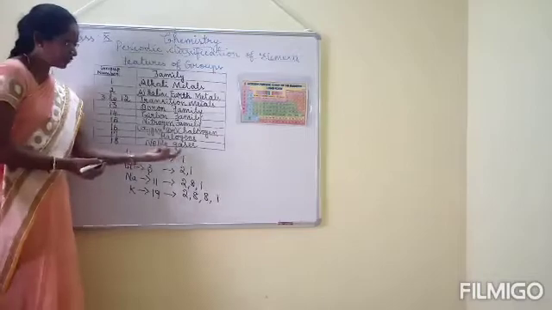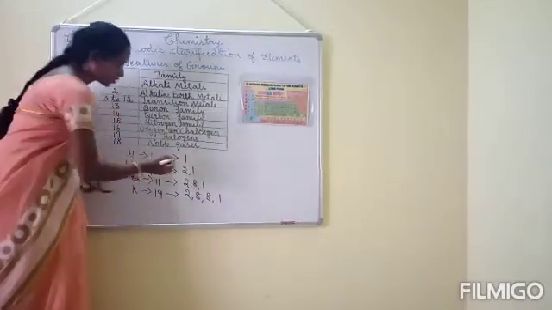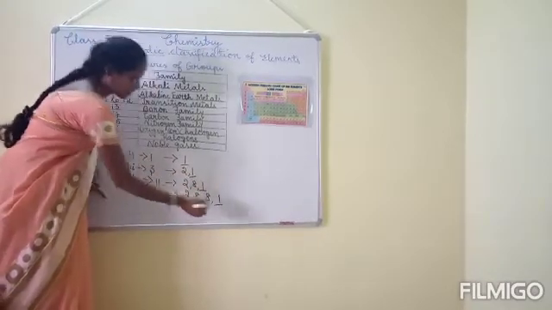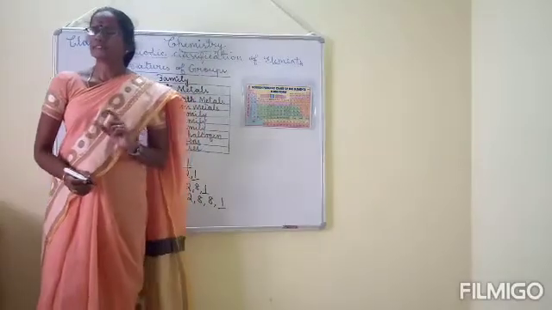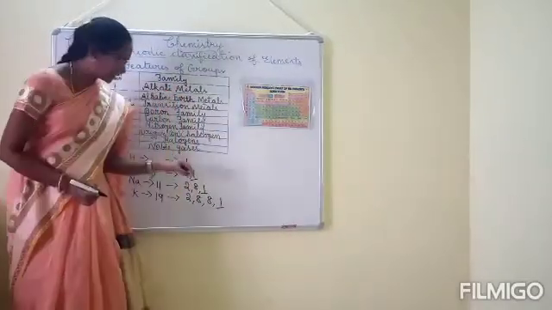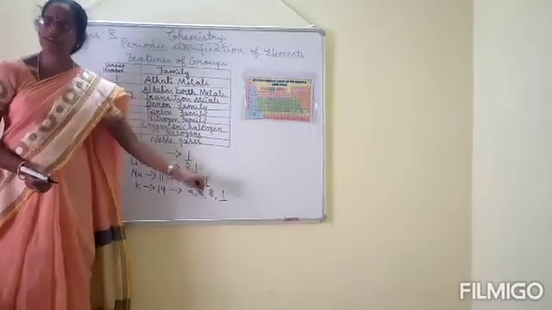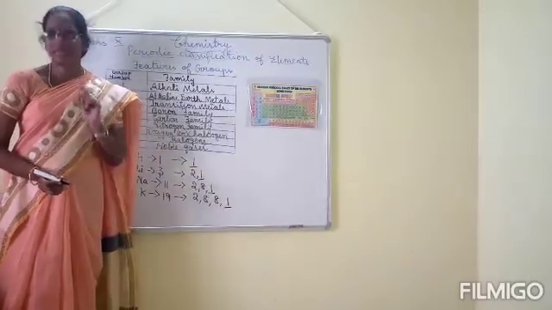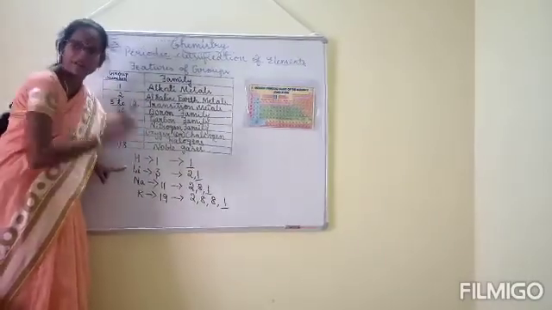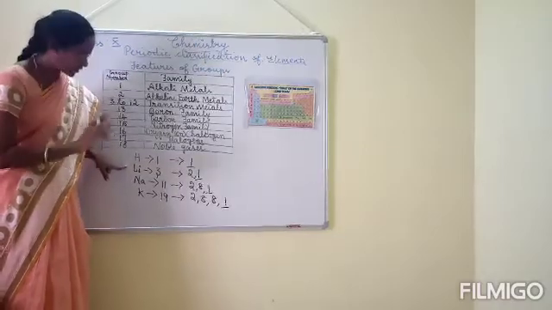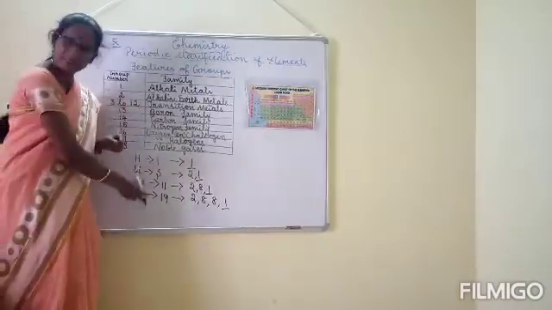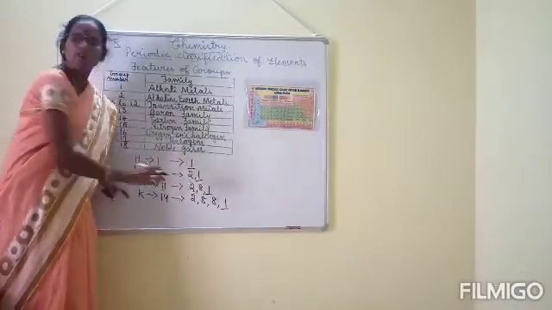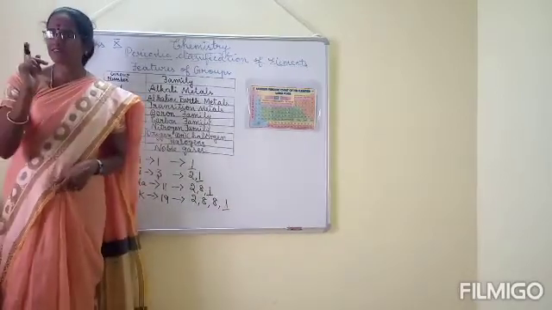If you look at the valency, that is the outermost electron, you just see 1, 1, 1, 1. All these elements have one electron in the outermost shell. That is the valence electron. So these elements have valency 1.